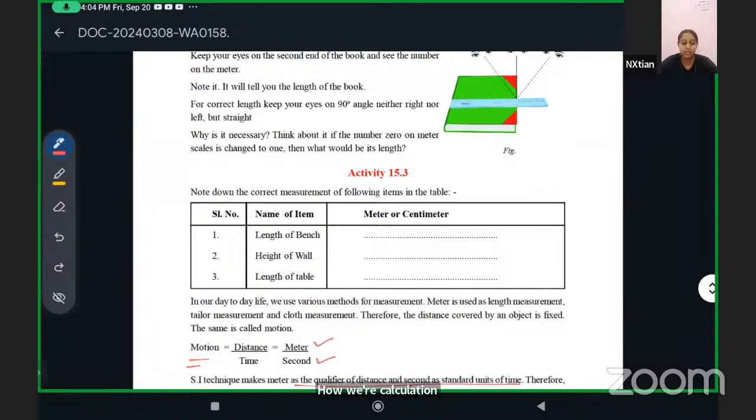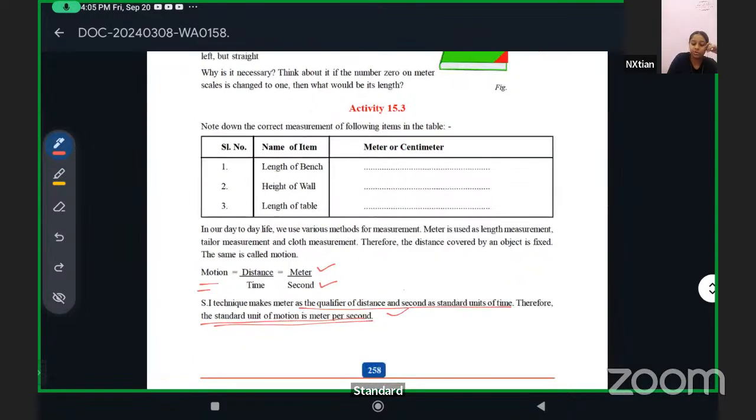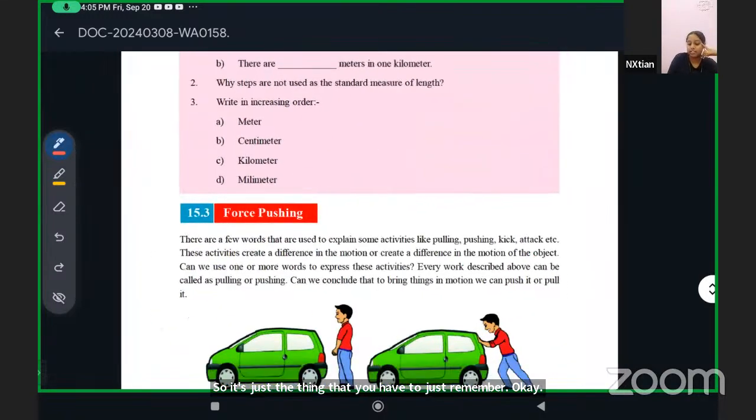We have all studied measurement, units of measurement, and the standards of measurement. We have studied the international standard and everything. We know how things are measured. So it's just a thing that you have to remember. Don't get confused, please.